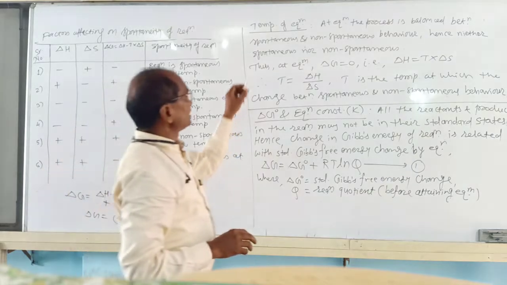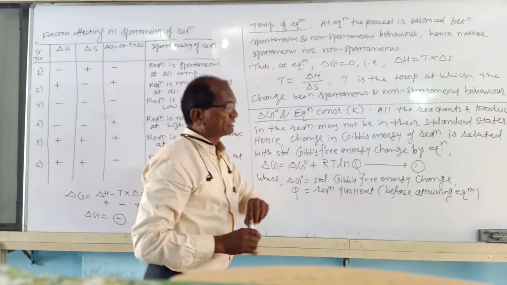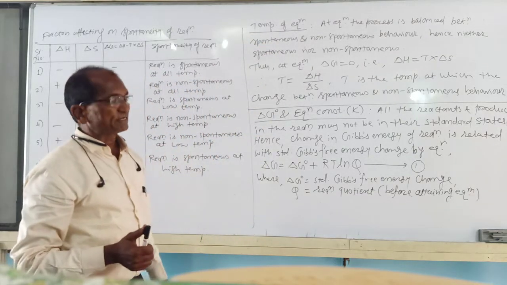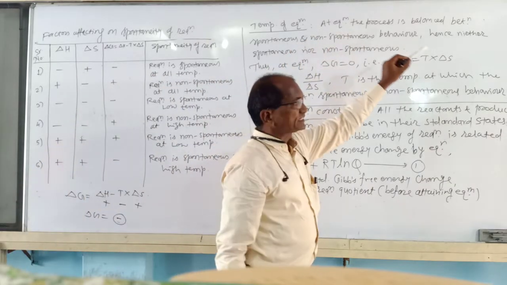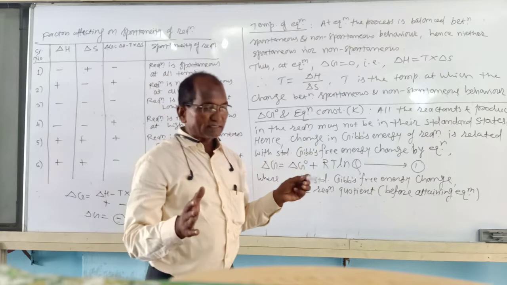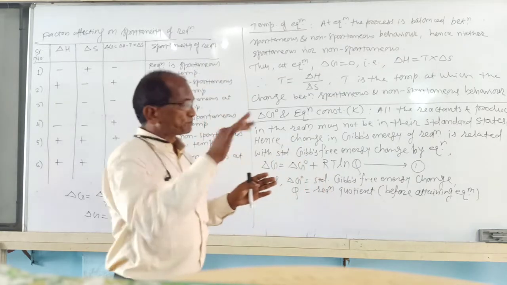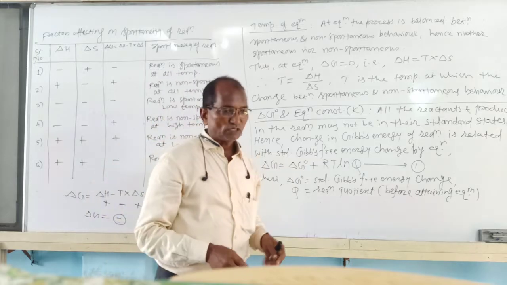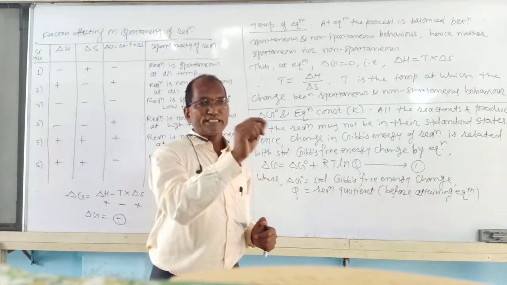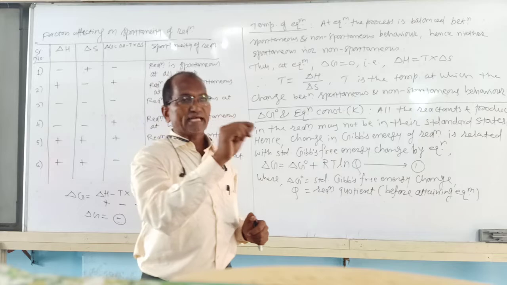Then we see the temperature of equilibrium. Equilibrium temperature. At equilibrium, the process is balanced between spontaneous and non-spontaneous behavior. Means if ΔG is equal to 0, the process is at equilibrium.